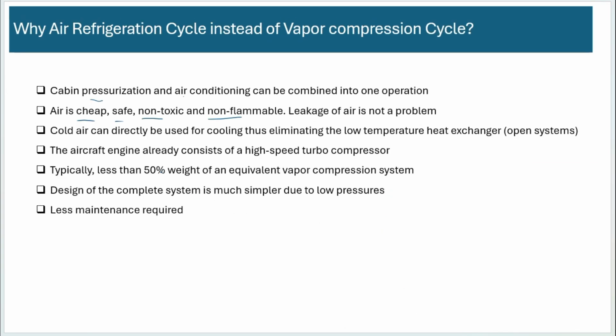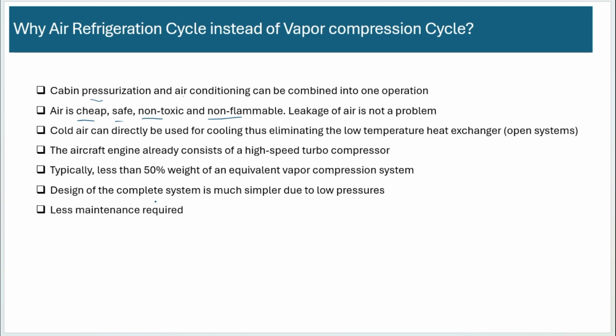The aircraft engine already does the majority of the compression process, so we don't need a large compressor. So that also saves weight. So we don't need additional large heat exchangers and additional compressors, so we save almost 50% weight of an equivalent vapor compression system. And the design of the system is overall much simpler because of the low pressures that are seen in the system.